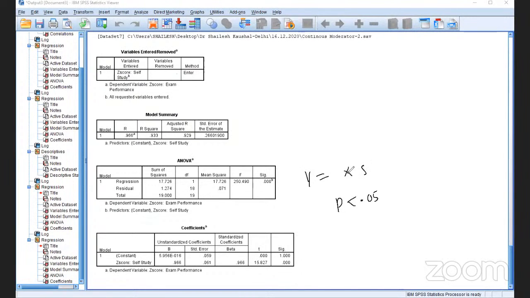X here is not X, it is basically the moderator, self-study, and this is exam performance. It means self-study also significantly contributes to exam performance. Now we take both self-study and IQ simultaneously.